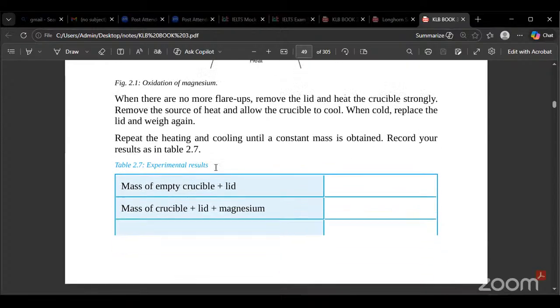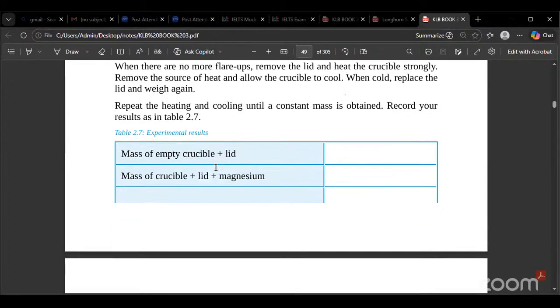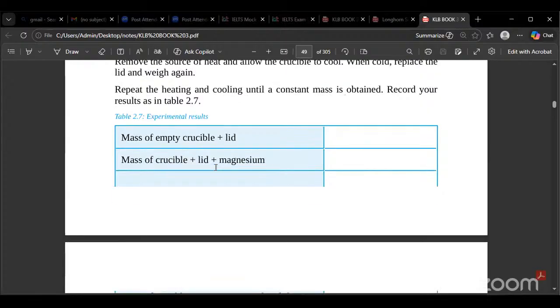Now, what is very important is this one. The other one was just the procedure of doing that thing. What is the mass of the lid and crucible? You are looking at the mass of the crucible plus mass of magnesium. Now, what I did here is I put the mass of magnesium first before the crucible.